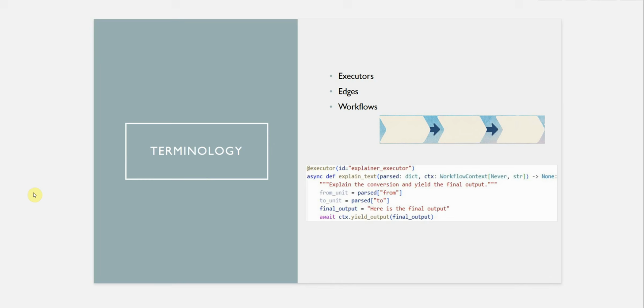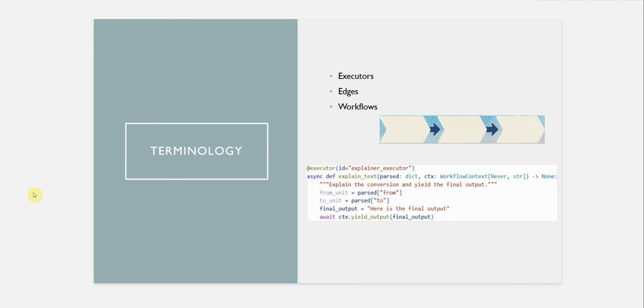Then in between we are doing some processing, and as the last line you can see await ctx.yield_output. So here we have two important functions. One is send message and another one is yield output, which I am showing over here. So use send message whenever you want to send data to downstream executors, whenever you want to pass your output to some other executor. But when you don't want to do that, then you have to use yield output.